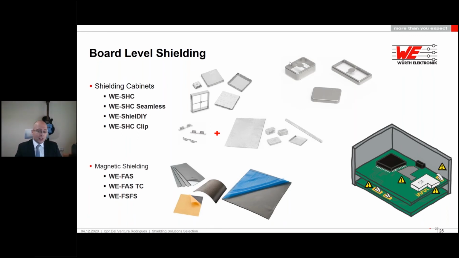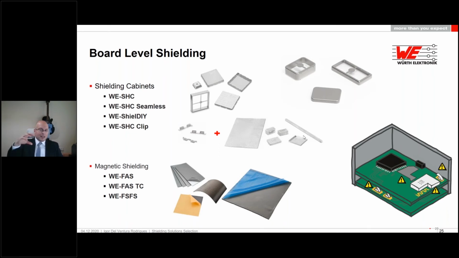And also you have some nice tools on this family for prototyping. For prototyping, you can utilize this guy over here that's called Shield Do It Yourself, or We Shield DIY, which is a pre-cut metallic sheet that you can bend and you can form anything you want with it, right?